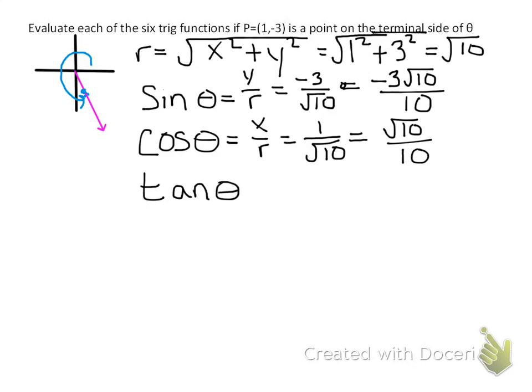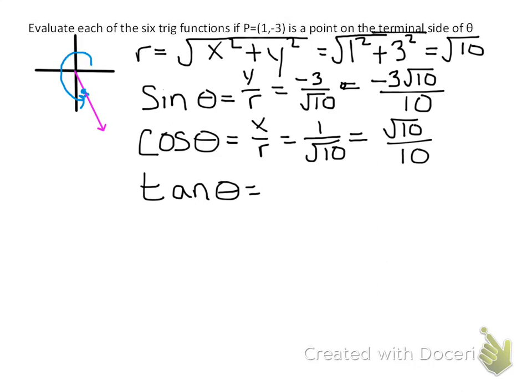Tangent theta is y over x. Think about your quotient ratio from over there. The quotient says tangent is sine over cosine. You only ever need to memorize how to do a sine and how to do a cosine, because once you have your sine and your cosine, you take your sine y over your cosine x.